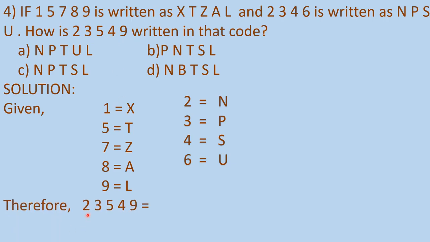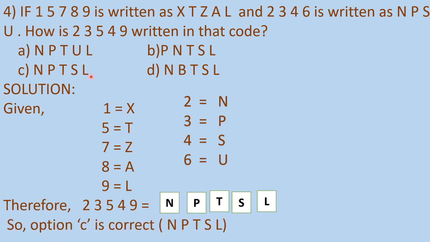So for 2 we have N, and 3 P, 5 T, 4 S and 9 L. So our answer is NPTSL. NPTSL is in option C. So our option C is correct.